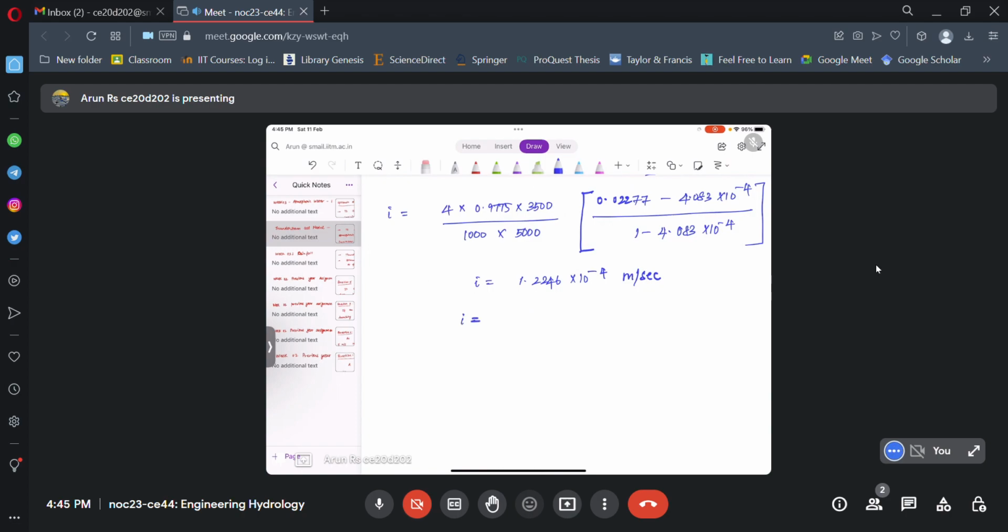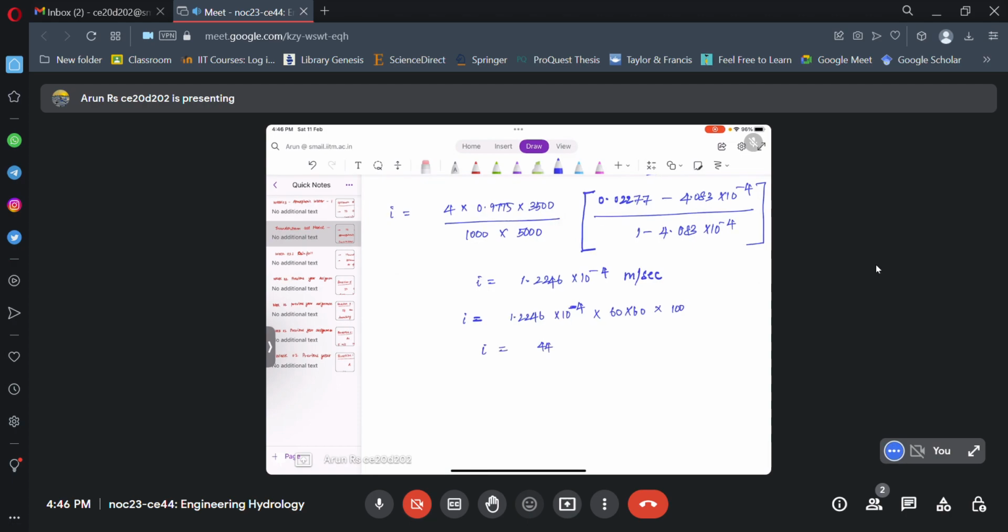So if we convert it, I'm converting it to centimeters per hour.